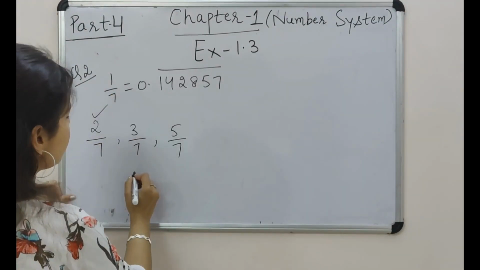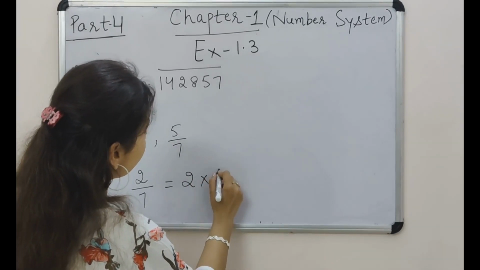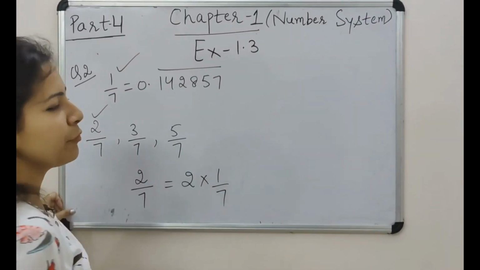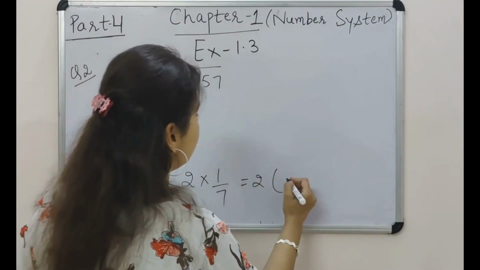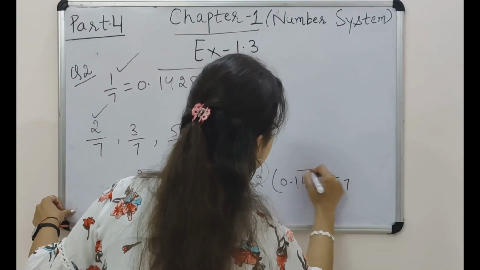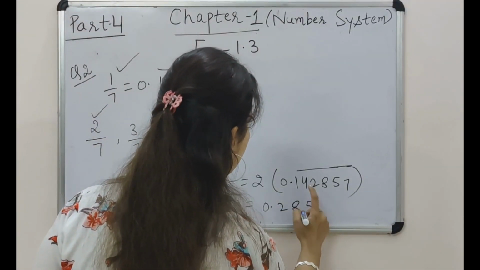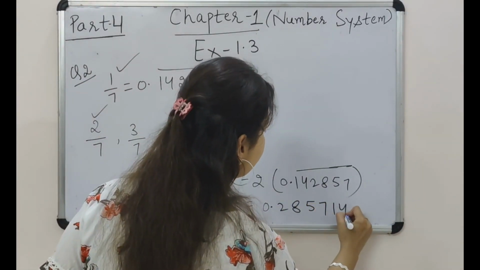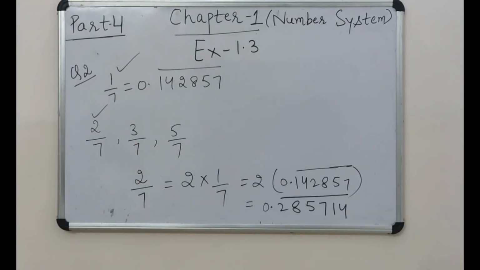Suppose I am talking about the first value, 2 by 7. It is possible to write 2 by 7 as 2 into 1 by 7. The value of 1 by 7 is provided in the statement. So in place of 1 by 7, if I write down this decimal expansion, it becomes 0.285714 and again there's a bar over it, which means the nature remains the same.